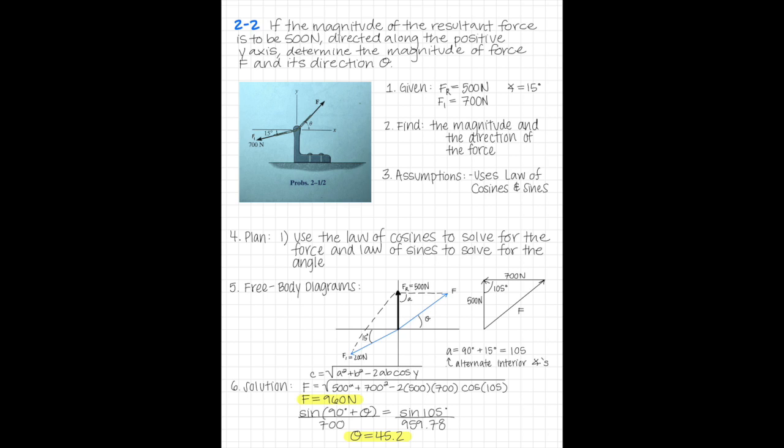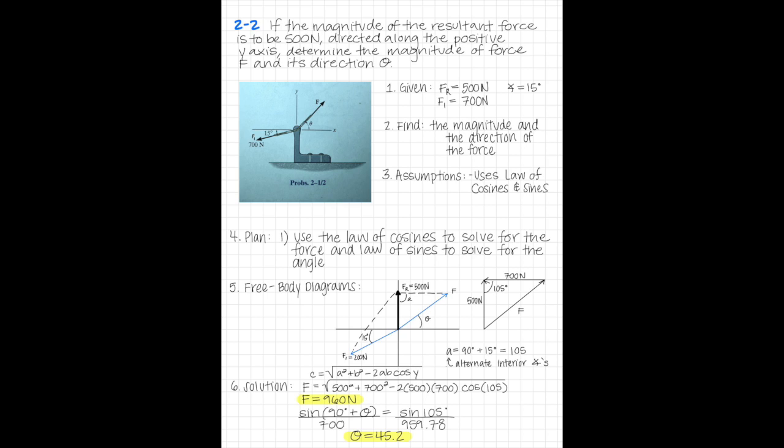So it's an alternate interior angle. After drawing these diagrams, we can see that we have to use the law of cosines to solve for the force, which would be step 6 in our solution.